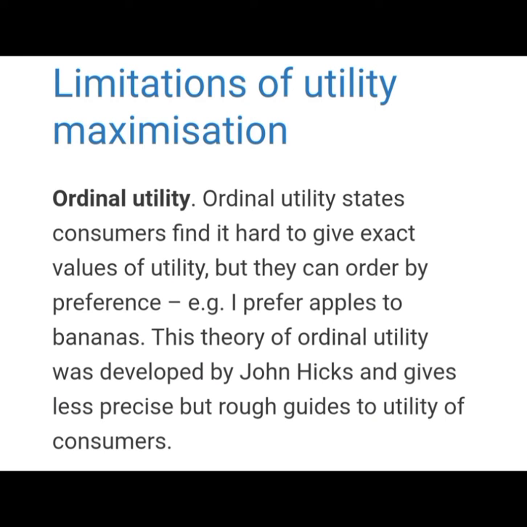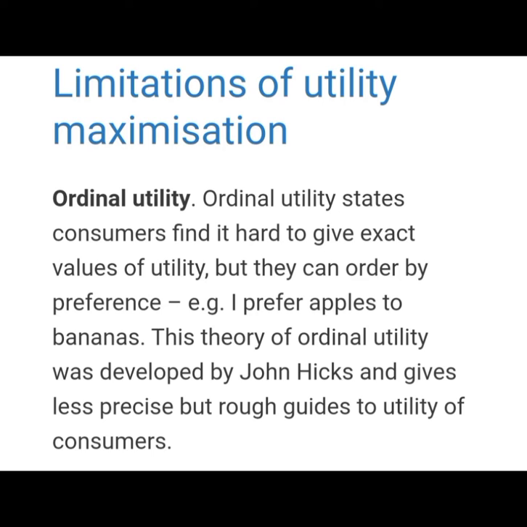First is ordinal utility. In ordinal utility, consumers find it hard to give exact values of utility, but they can order by preference. Ordinal utility theory claims that it is only meaningful to ask which option is better than the other, but it is meaningless to ask how much better it is or how good it is.